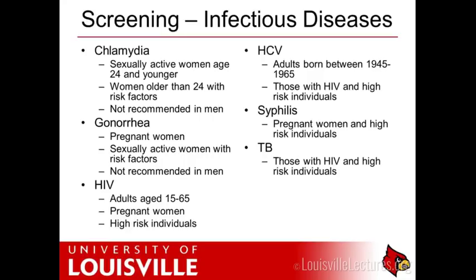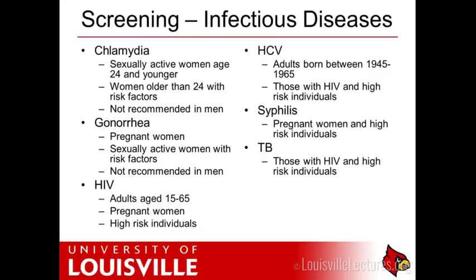So for HIV, we kind of all know this, most of our adult population should be screened once, and at-risk individuals you should consider screening definitely more frequently than that. And then pregnant women. Hepatitis C is those born between 45 and 65, anyone with HIV, and anyone with risk factors.